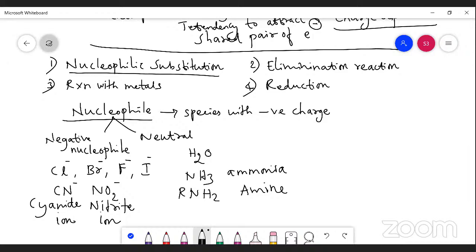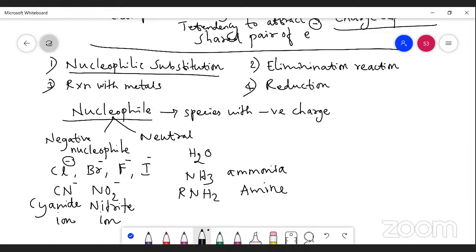You can say that where a negative sign is there, we understood it is a nucleophile, because as per your definition, it is a species with a negative charge. But if you take a neutral nucleophile, students can ask, why, without a negative charge, is this a nucleophile? Here one more point you have to remember. Water is made up of hydrogen and oxygen.